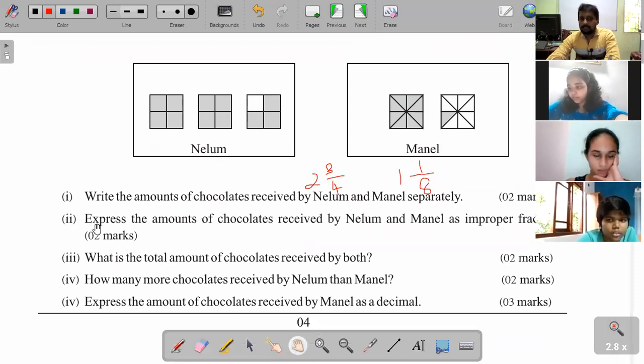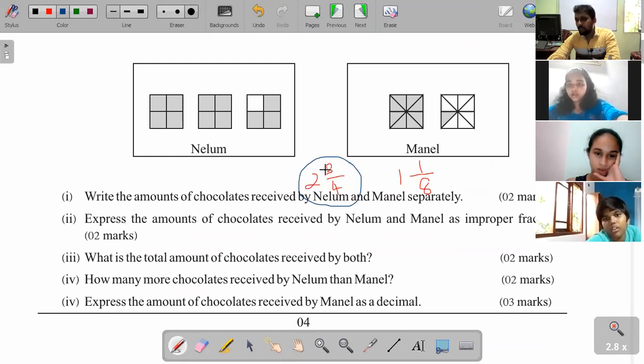Second part. Write the amount of chocolates received by Nelum and Manil as improper fractions. Can you tell me what is the improper fraction of this one? Do you remember the method? Denominator multiplied by the whole number, then you have to add the numerator value, right? 2 times 2, 4 times 2, 8, 8 plus 3, 11.